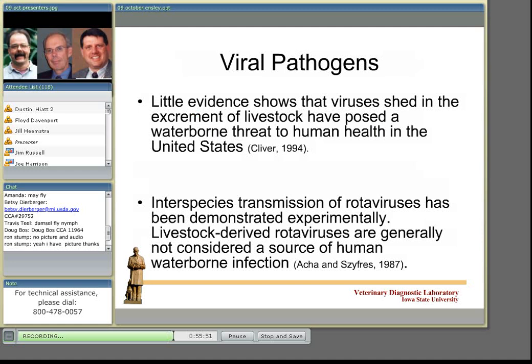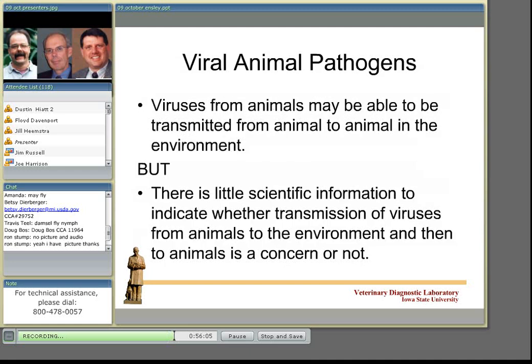If it's a pathogen at all, it may be just an animal-to-animal pathogen, and in our study it was not present in the water a very high percent of the time. Viruses from animals may be transmitted from animal to animal, but there's little evidence that any of these viruses are significantly transmitted from animals to the environment.